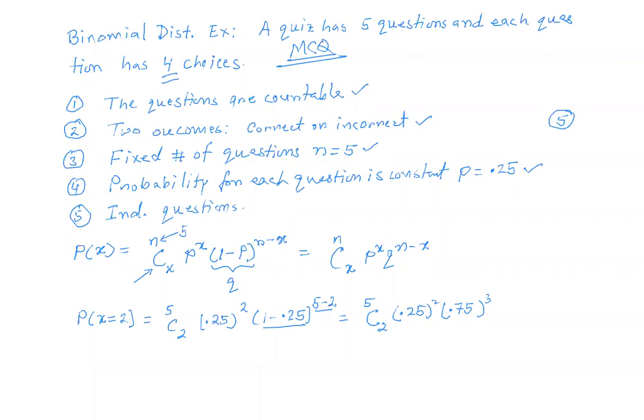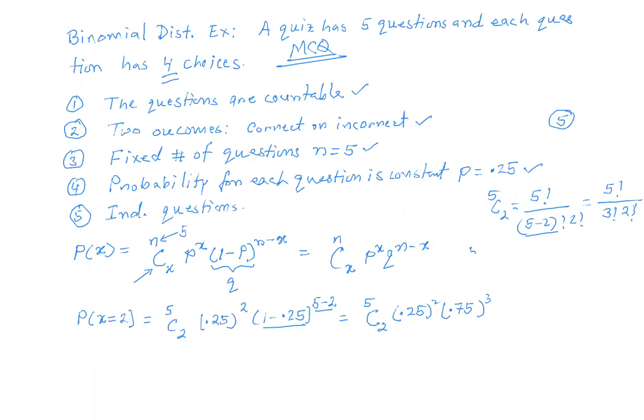Now, let's do the 5C2. Remember the formula: 5 factorial divided by 5 minus 2 factorial times 2 factorial, which is 5 factorial over 3 factorial times 2 factorial.